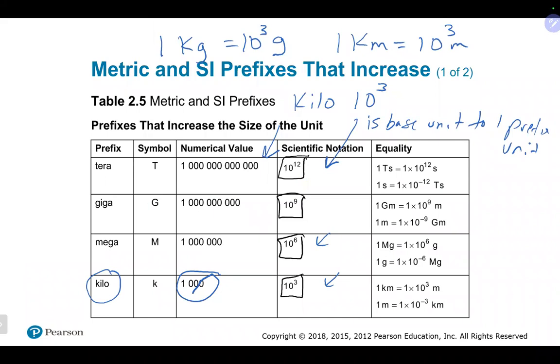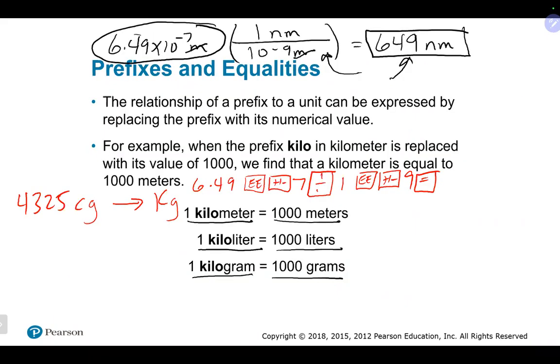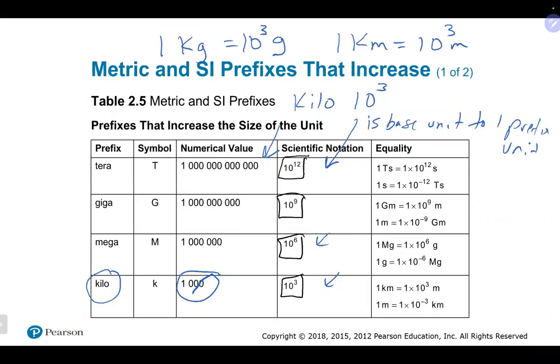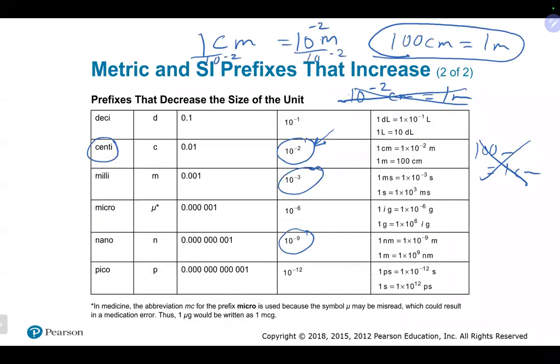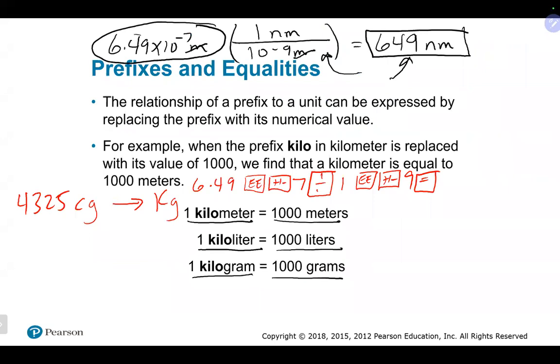So to do this correctly, we first go from centigrams to grams. Looking at our table, we find centi, which is 10 to the minus 2. That means in 1 centigram there are 10 to the minus 2 grams. That is the proper way to use that number.